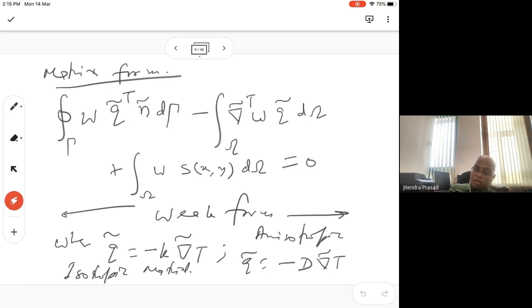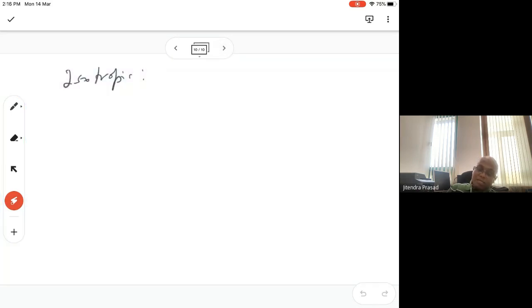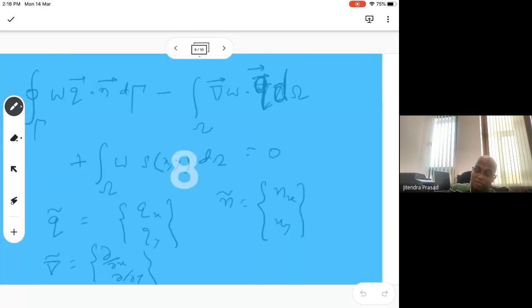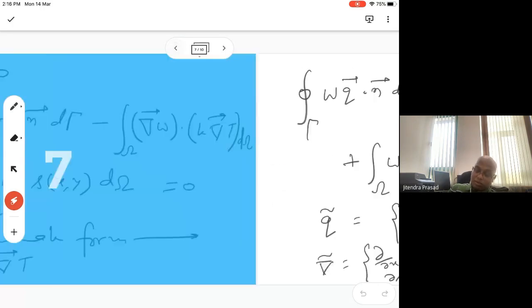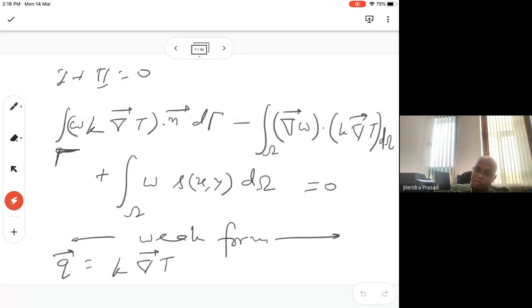We write in vector format only, so that it is much easier to work on. This is the vector format.